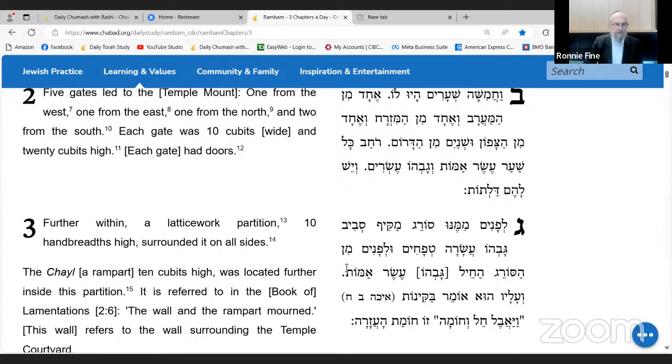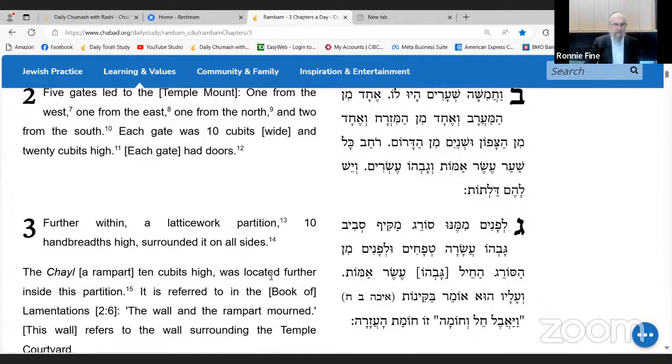Further within the lattice partition, this is the lattice over here. Here's the Soreg, 10 handbreadths high, surrounded on all sides.